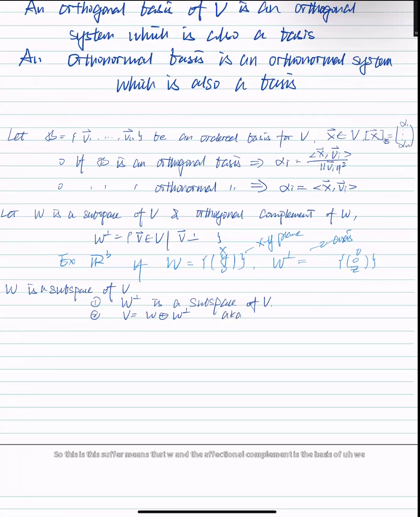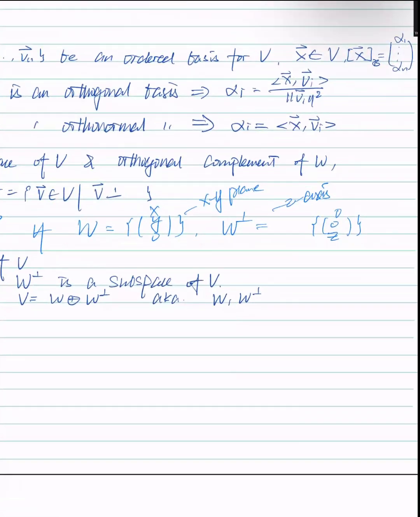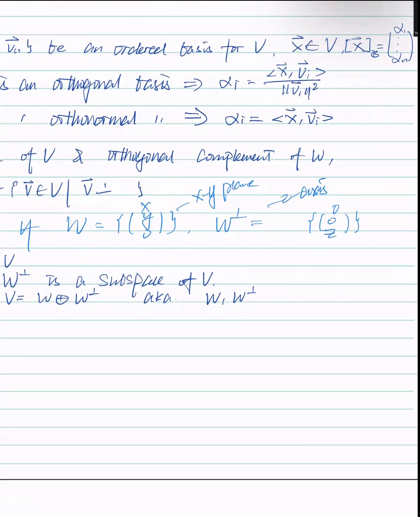So this also means that combining a basis of W and a basis of the orthogonal complement gives a basis of V.